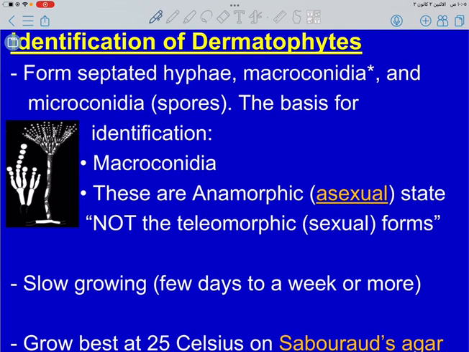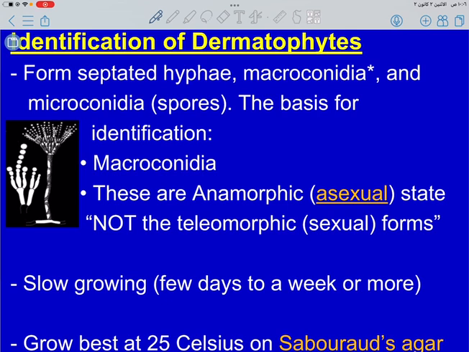The fungi are slowly growing, not like bacteria, which are rapidly growing within 24 to 48 hours. These fungi take weeks to grow in culture. And they can grow at a temperature, not like bacteria, preferably at 25 degrees centigrade.